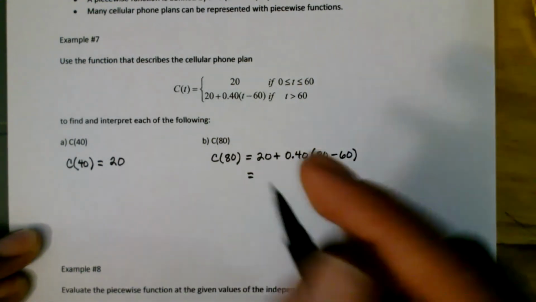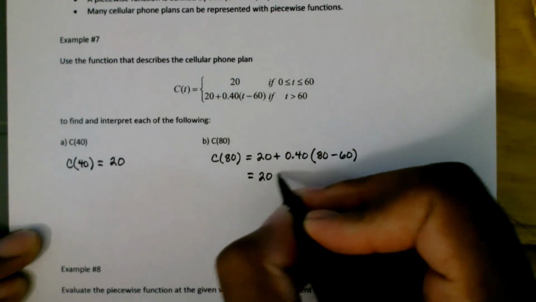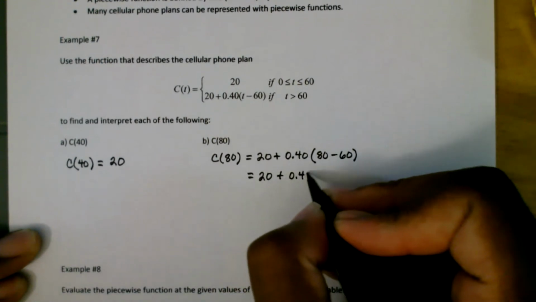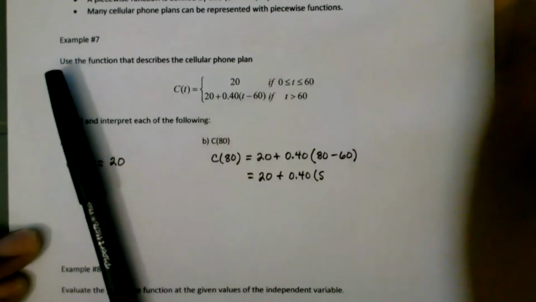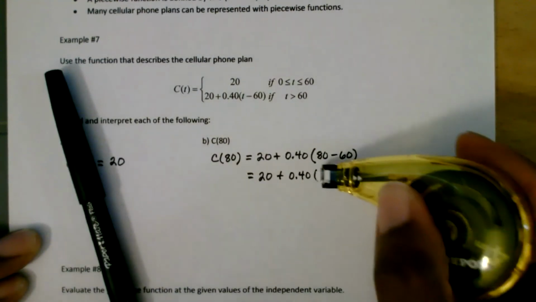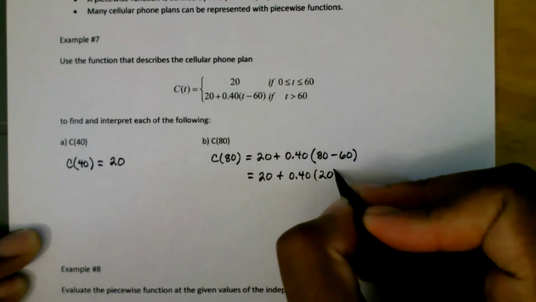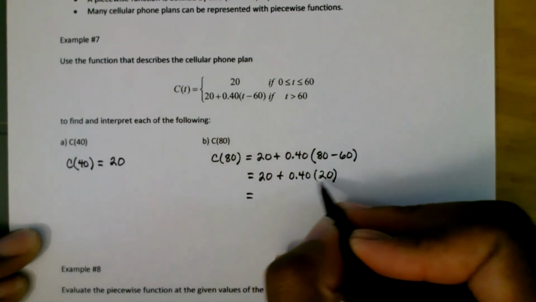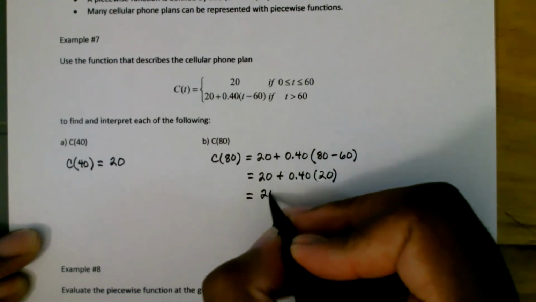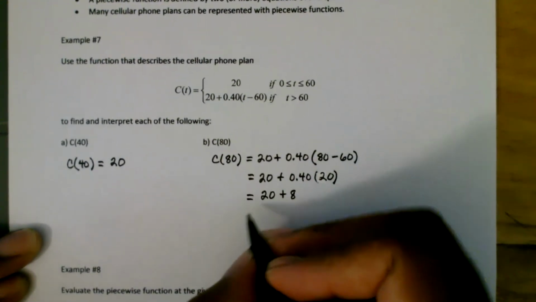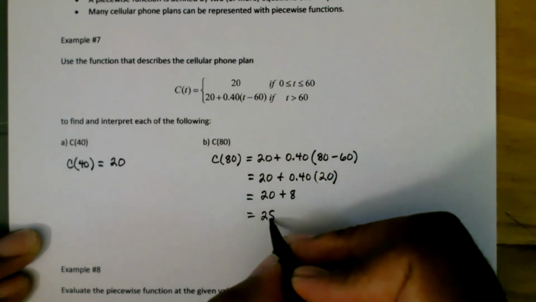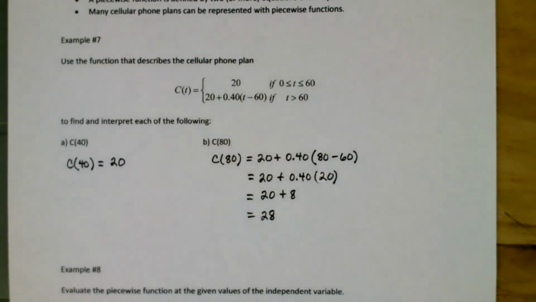In the parentheses, 80 minus 60 is 20, so this will be 20 plus 0.40 times 20. If I multiply 0.40 times 20, that will be 8, and then 20 plus 8 will be 28. So if someone talked on their cell phone for 80 minutes, based on that plan, their cost would be $28.